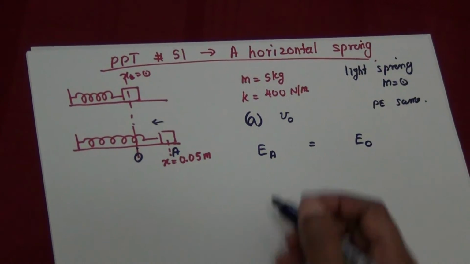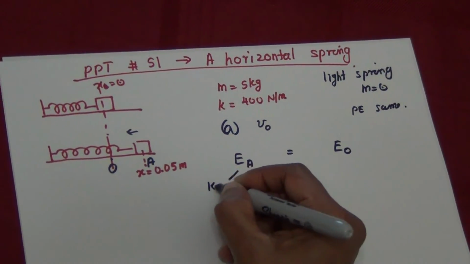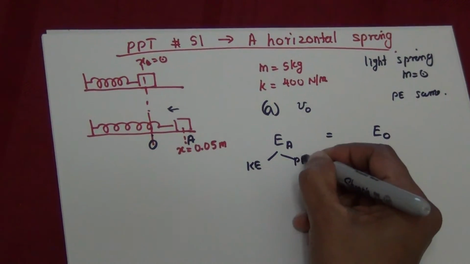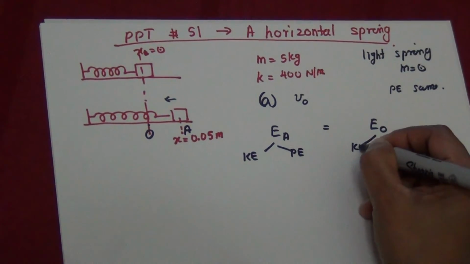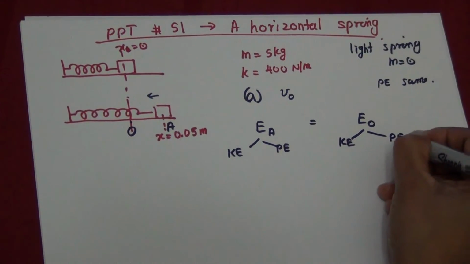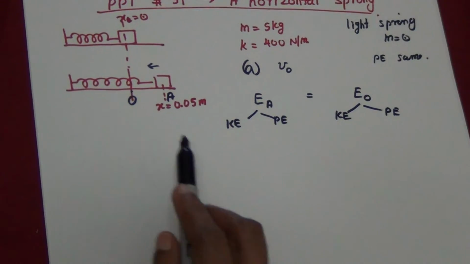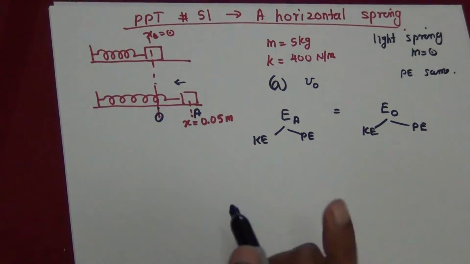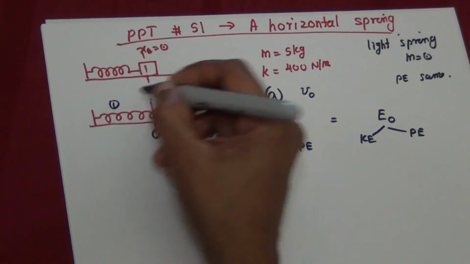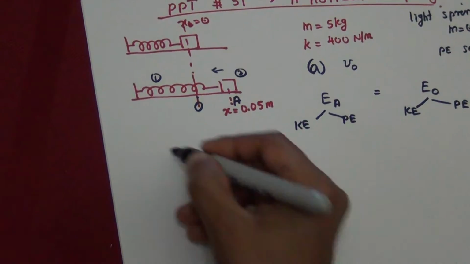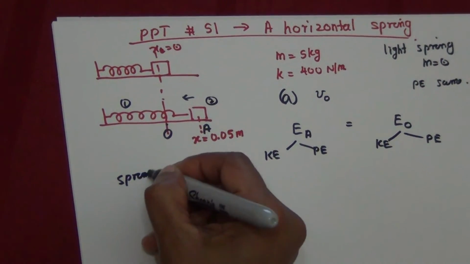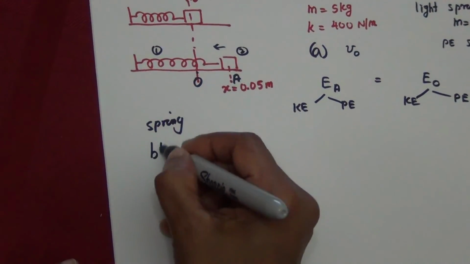Now we have the same terms: kinetic energy, potential energy, kinetic energy, potential energy. But the difference here is this system involves two things: one is the spring, the second is the block. So we have to think about the spring and the block.